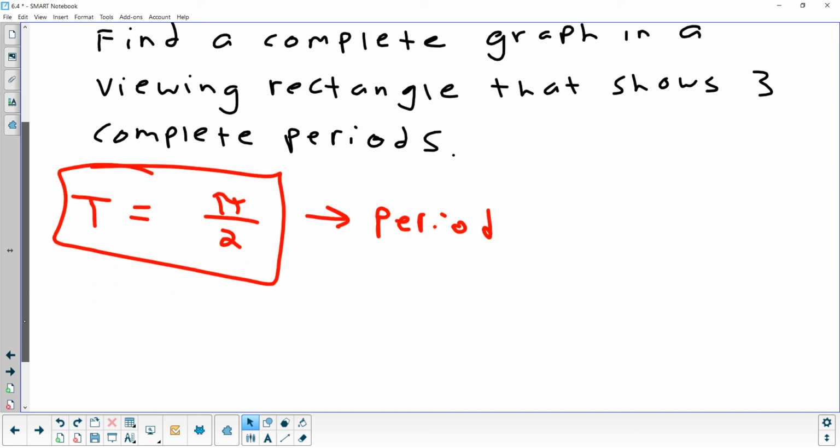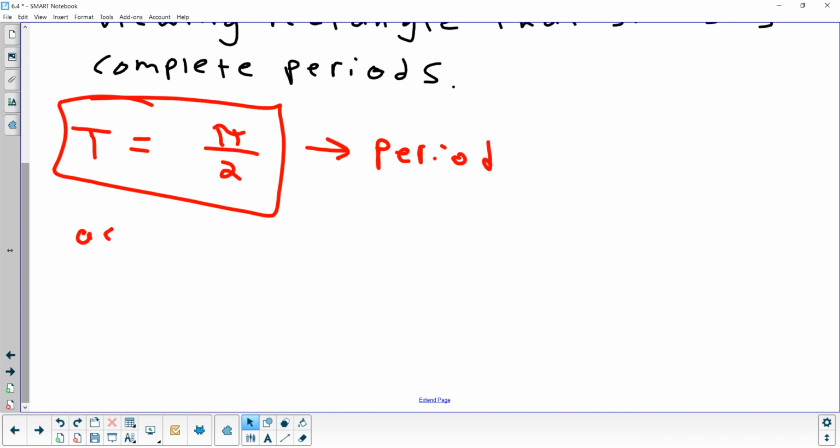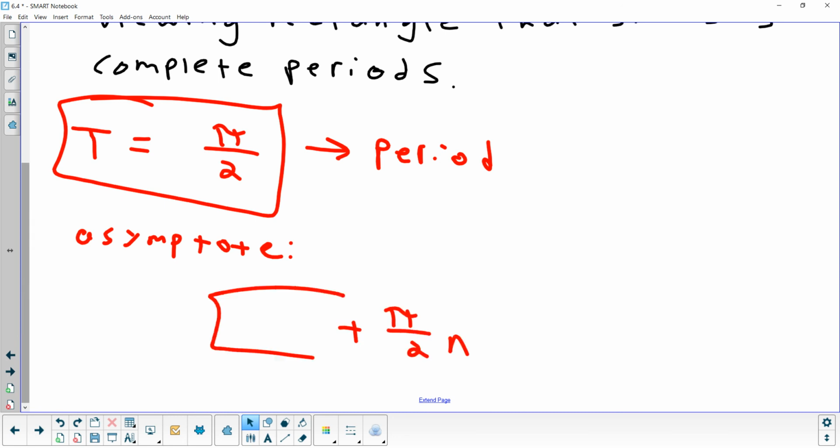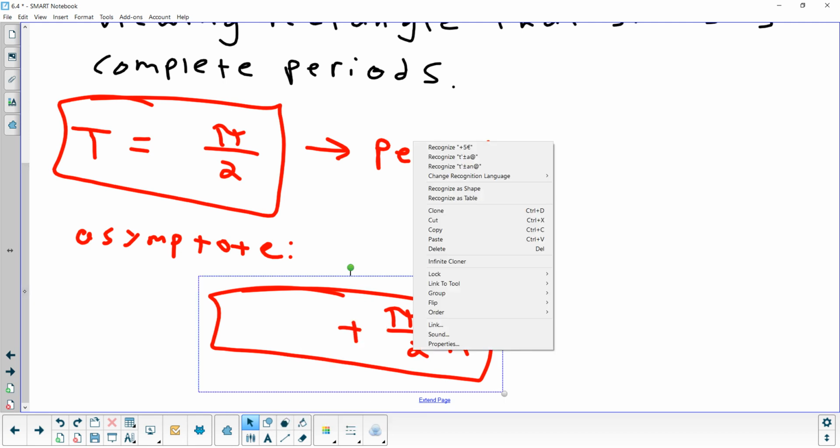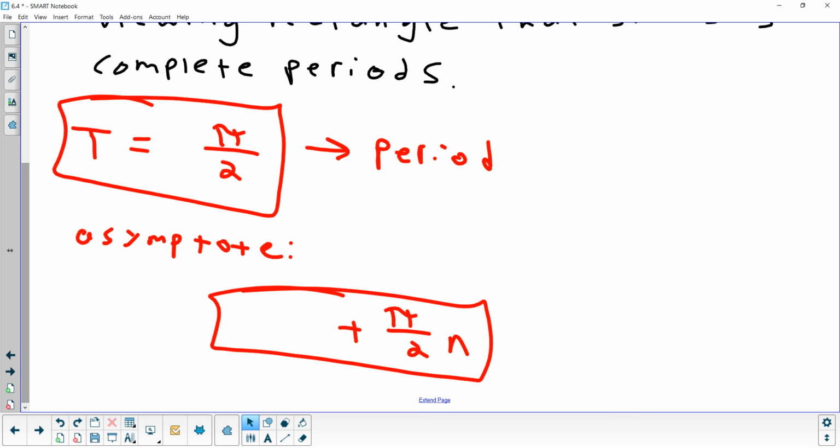Now, let's practice finding an asymptote. The first step in finding the asymptote is to know the period. Well, we already have that. So, the answer to my asymptote is going to look something like this. I'm going to find an asymptote, and then I'm going to tell that it repeats every cycle. What I don't know right now is what to put here.